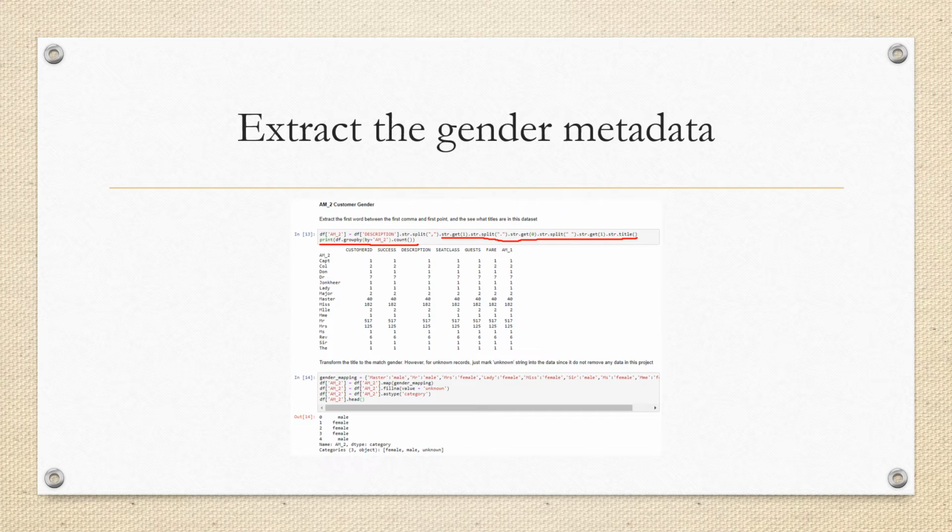And then I use a mapping function to map some titles, like Master should be male and Mr. should be male and Mrs. should be female. After that, some titles still cannot be identified as male or female, so I decide to put a new value called unknown into the data. And finally, I change this data type to category.